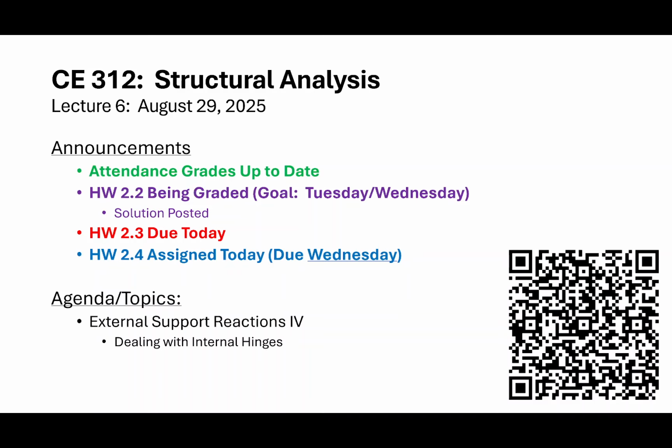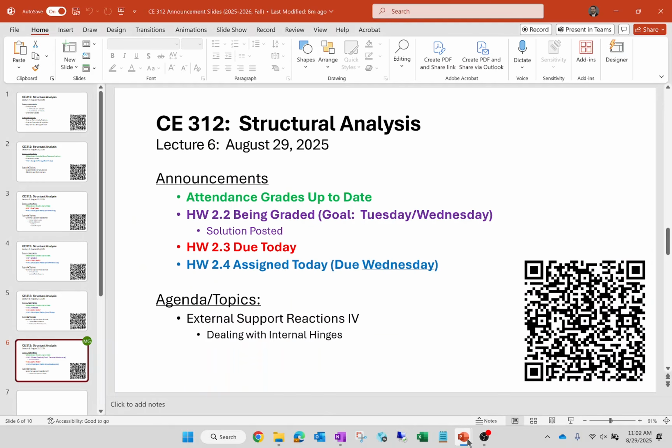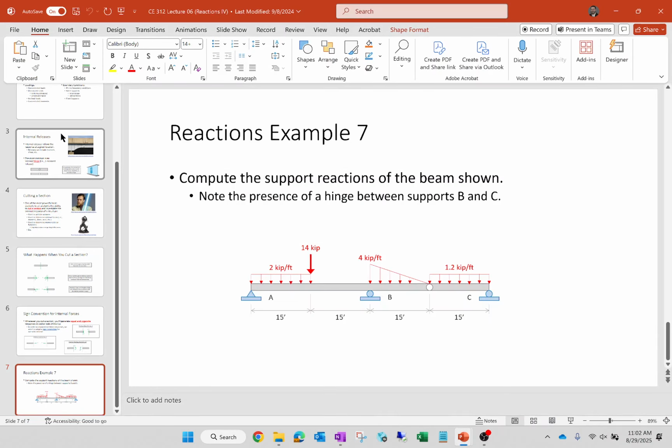I'll take the rest of this class all in one big chunk. I am giving you a homework today. It's due Wednesday. Obviously, it's not due Monday. Sound good? All right, everybody gets code. Okay. So today we're going to talk about internal hinges.